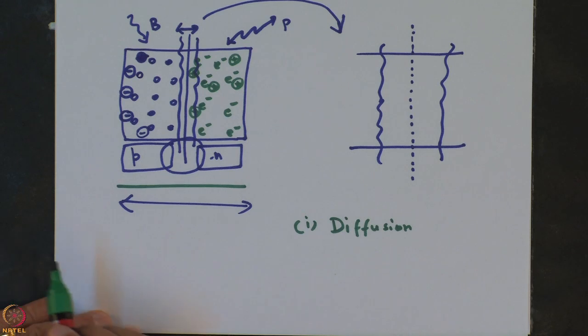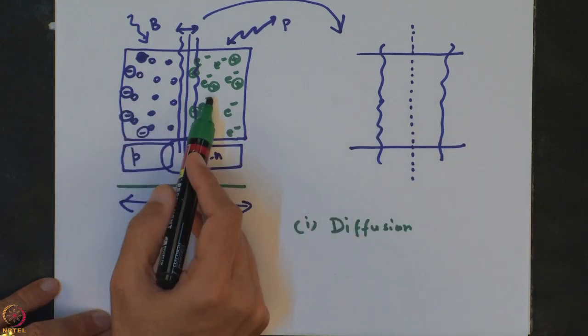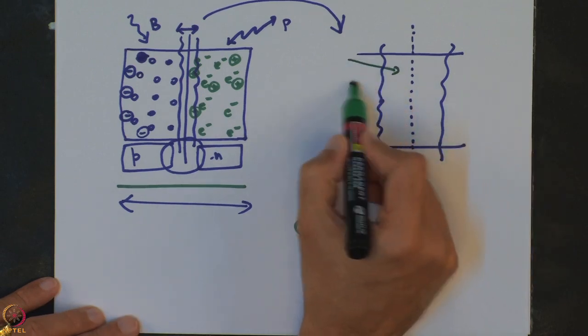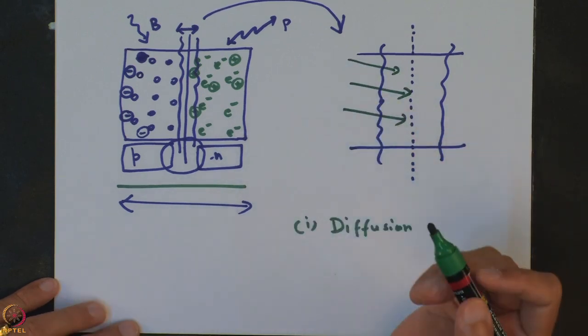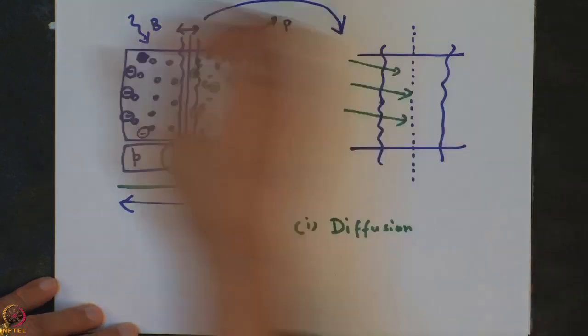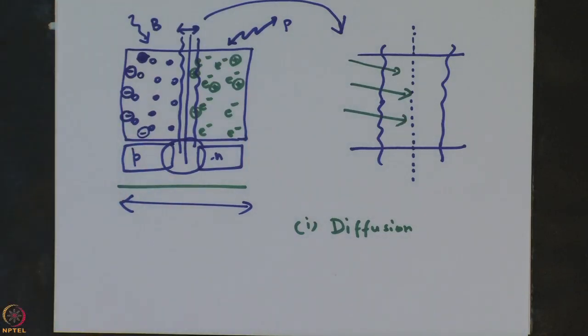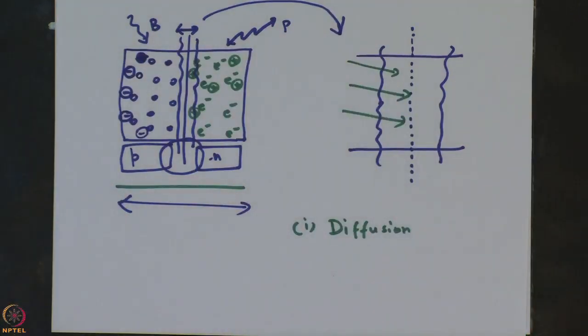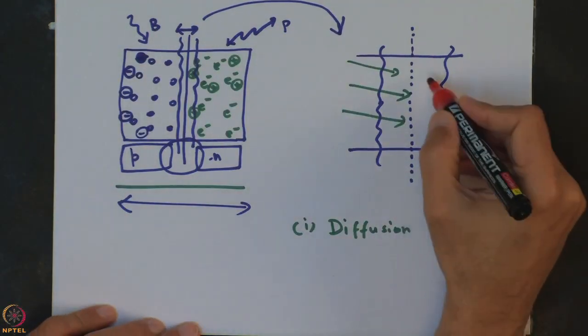So, basically the holes try to flow because of this concentration gradient from left to right. Okay. So, we have an influx of holes from the left side to the right side. Likewise, the right side, which is rich in electrons and has a much higher concentration of electrons compared to the left side, will see a flow of electrons.